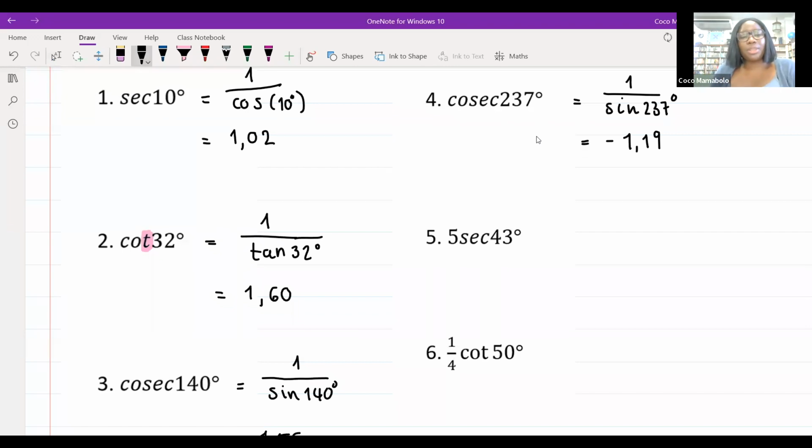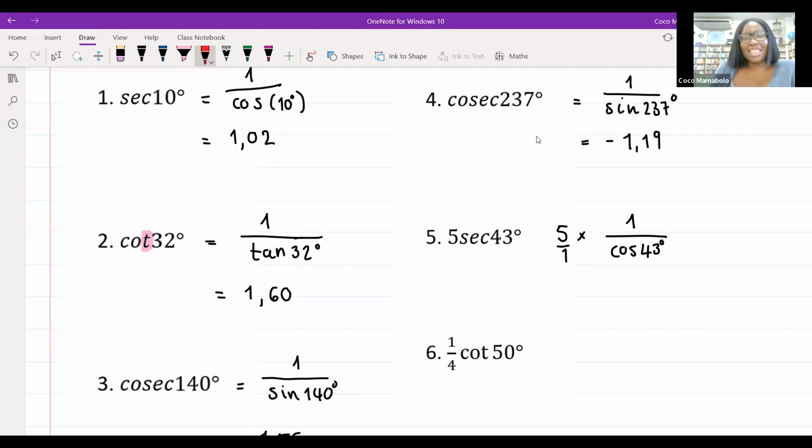All right, so here's what's going to happen, guys. If I've got 5 sec 43 degrees, I'm going to get 5 times 1 over cos of 43 degrees. Now, because these two things are fractions, I meant fractions, guys, my English airtime is running out.